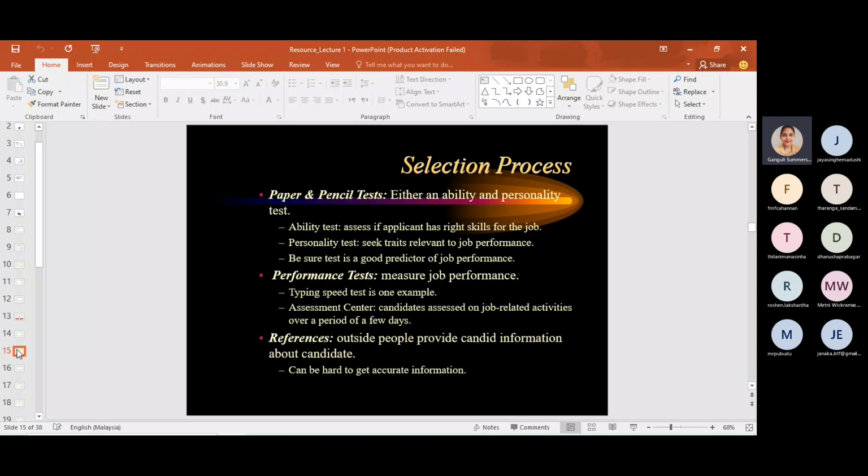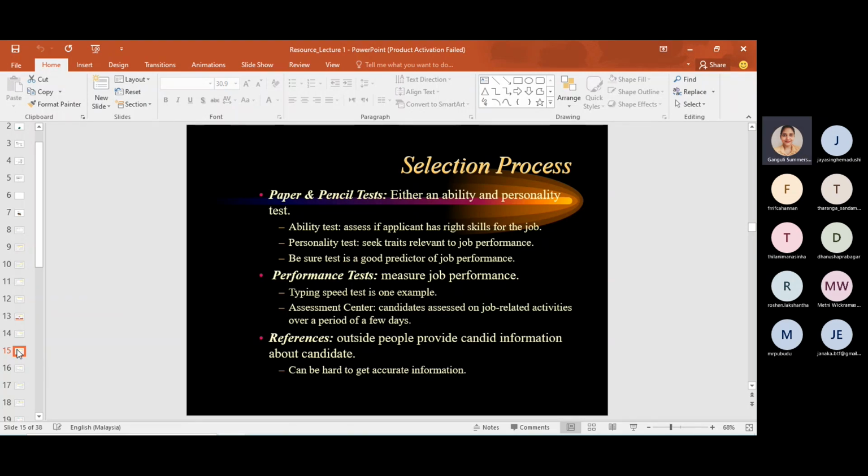You will be given a paper and a pencil or a pen. In an ability test, there will be subject related questions, and you have to answer those questions using your pencil or pen and your paper.